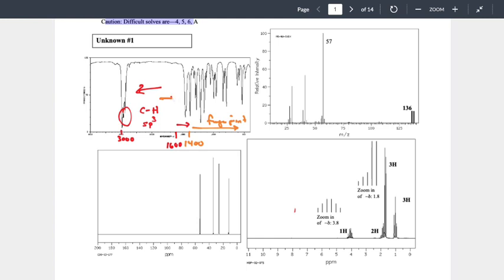So if we're going to push all the way to 1600, what is our analysis for the IR? 15 minutes later. Within our first 10 seconds, what we should have acknowledged is that we have a CH sp3, and that was it. We've got that analysis on our spectra.